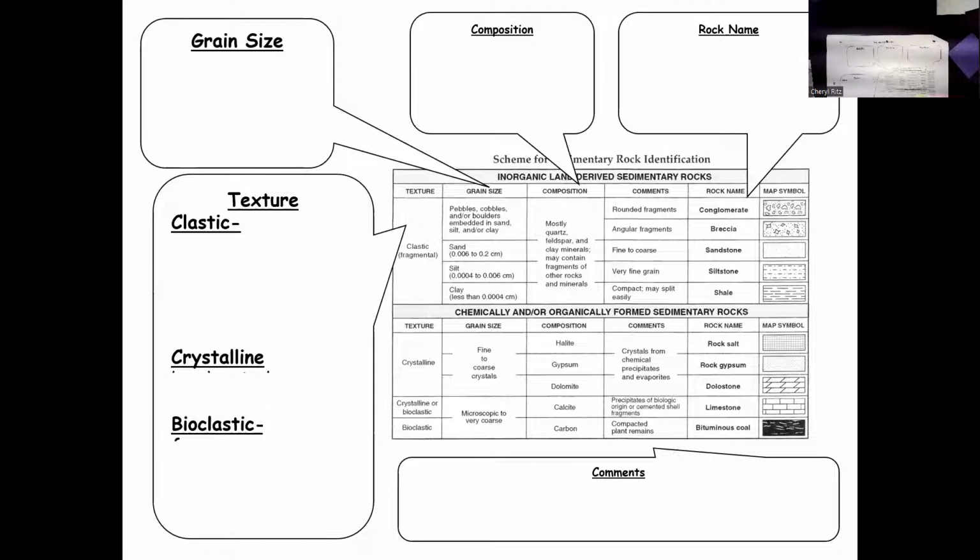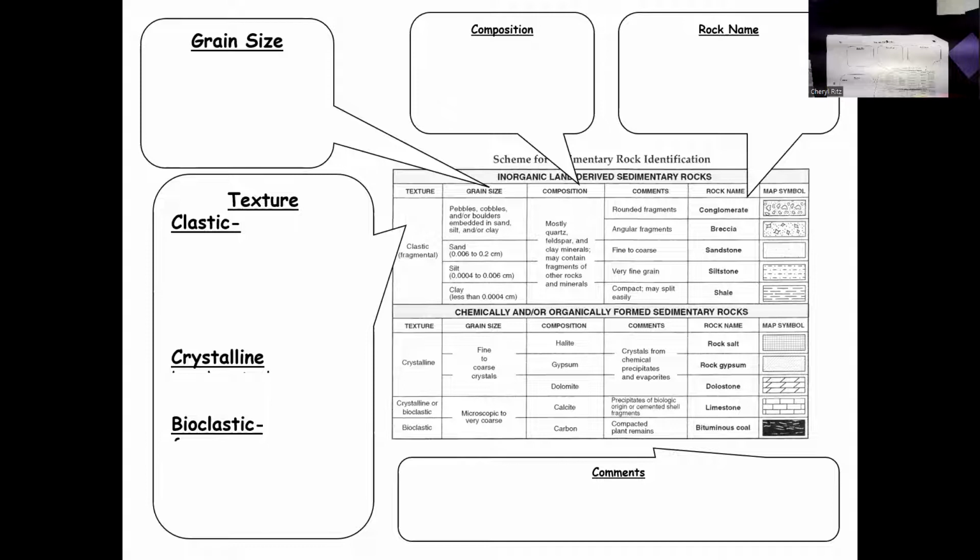Let's focus on that word since that's the one Wyatt brought up. He said something about fossils. What in the name bioclastic would give anyone the idea that there might be fossils? Bio, what does bio mean? Living. Yep, like biology. That's a study of living things. So bioclastic has something to do with living. How about crystalline? Got any ideas what crystalline might mean?